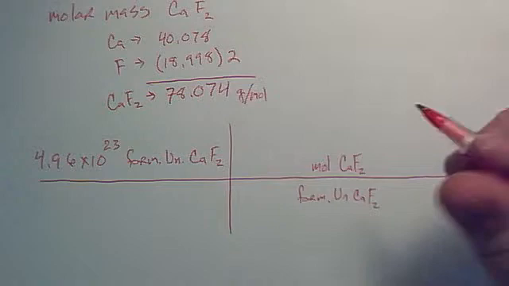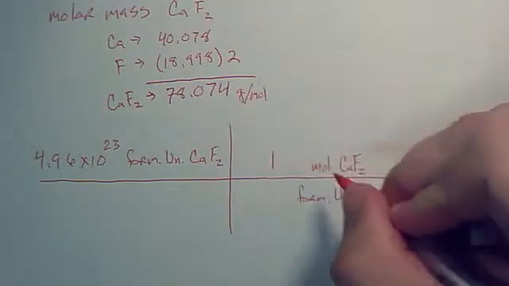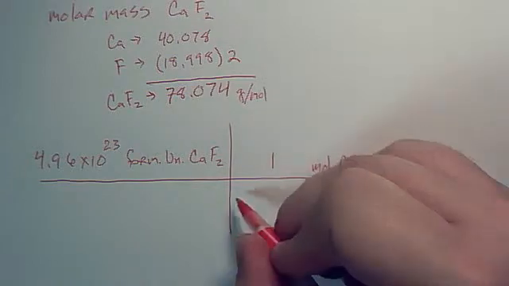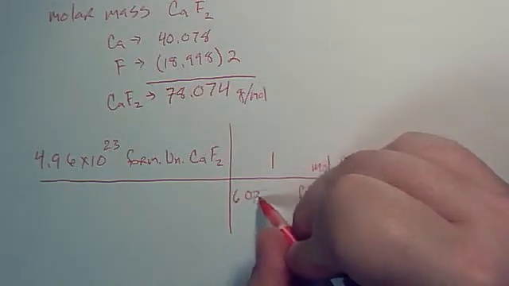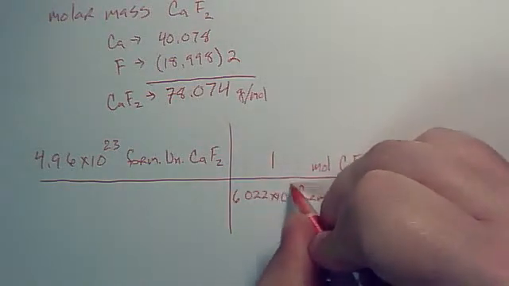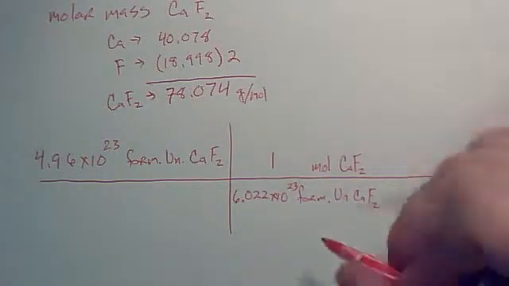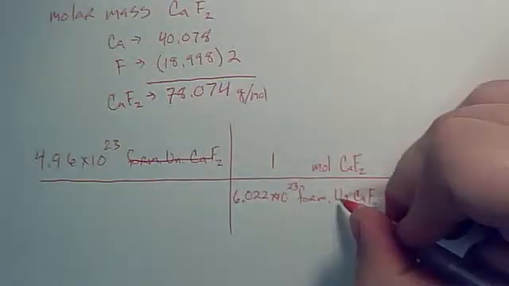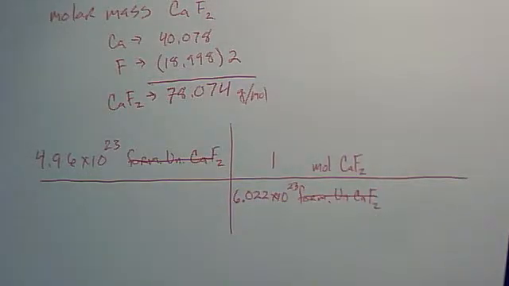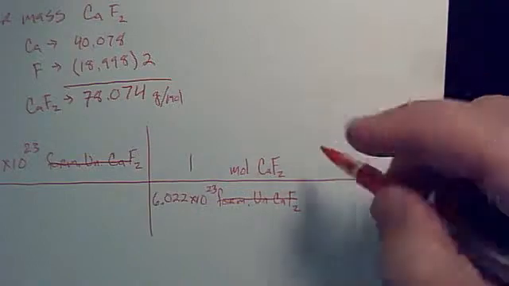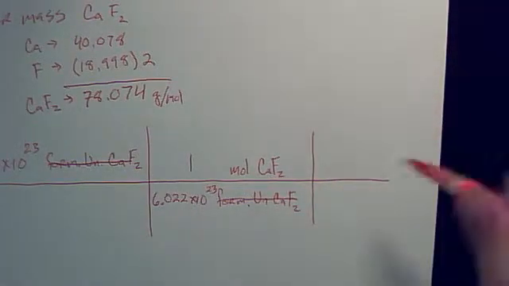Now for my conversion factors, 1 always goes with mole, so 1 mole, and formula units are particles, so that's 6.022 times 10 to the 23rd formula units. Okay, so my formula units of calcium fluoride cancel out.